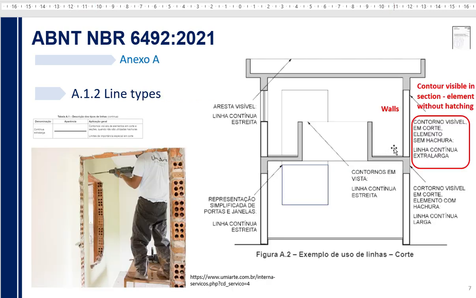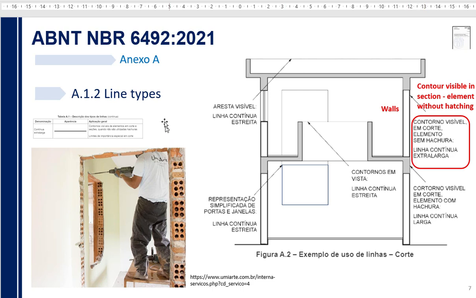If you want to draw the walls of your building in technical drawings, you need to use, for example, a pen of about 0.9 millimeters to draw your walls.